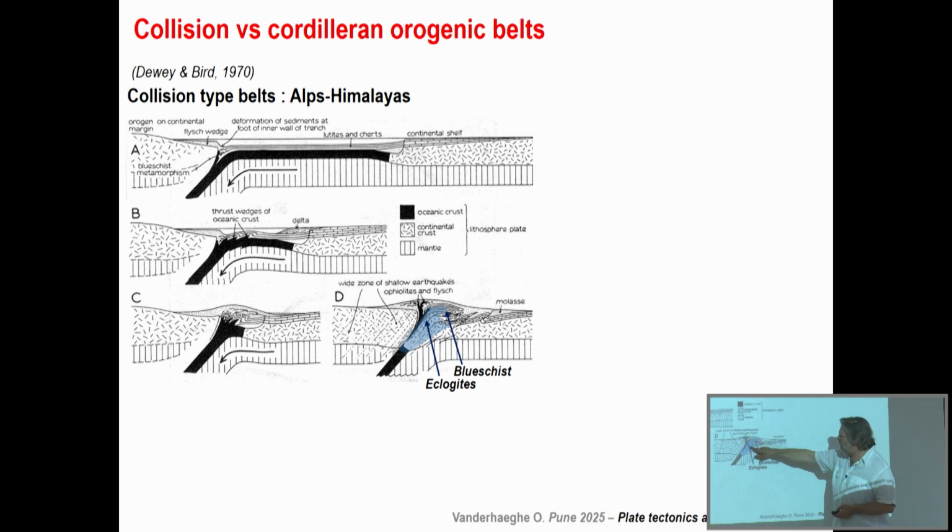But it's also characterized by these blue nappes, high pressure, low temperature blueschists and eclogites, which means burial and exhumation. We'll come back to that later.